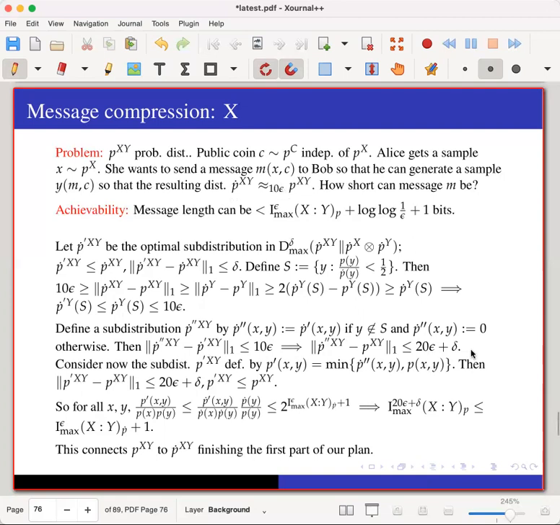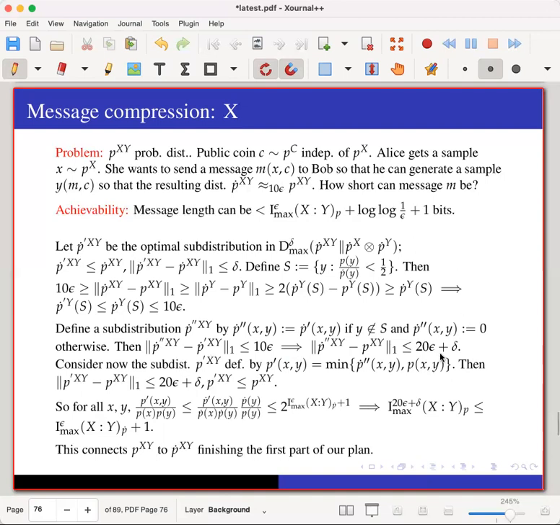I repeat: P dot double prime to P dot prime is 10 epsilon, which we have already here. Then P dot prime to P dot is delta, and from P dot to P is 10 epsilon.